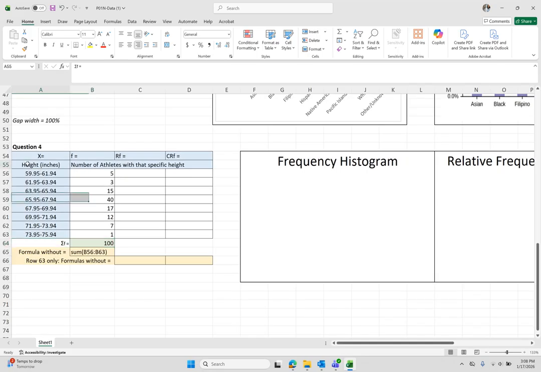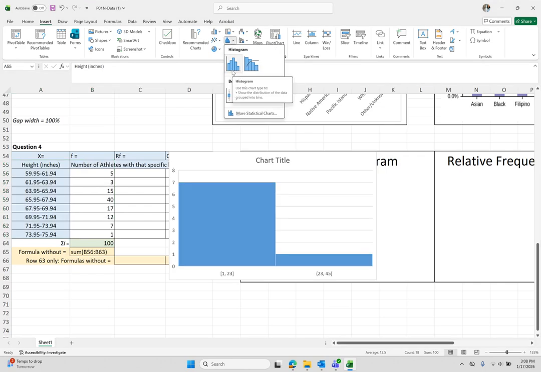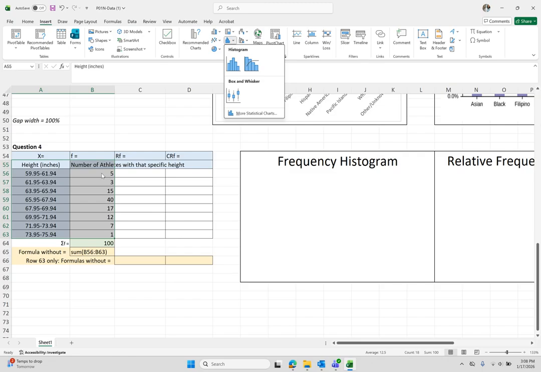The reason is that the data on the left is not considered numeric. If I selected the histogram here, Excel would decide on its own and consider the values of F to be the data values, when actually our data values are height in inches and they are in classes. So we want to use a bar graph and make it look like a histogram.